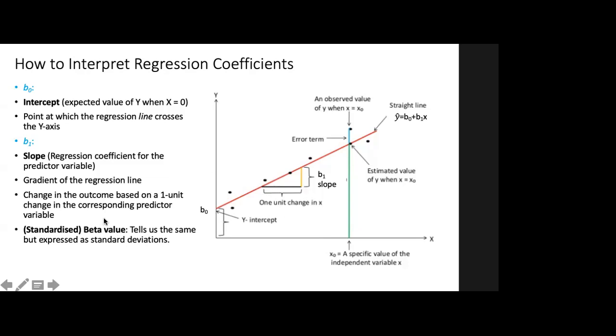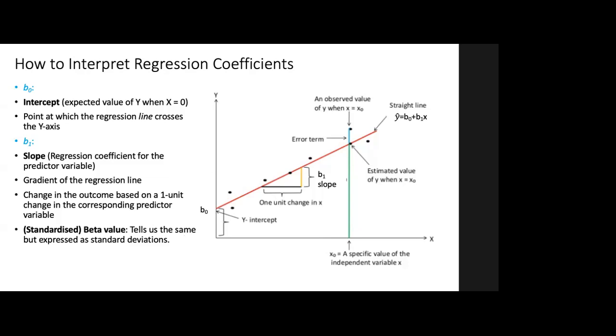And that simply means that they are expressing a change in standard deviation units. A standardized beta doesn't tell you how much the outcome variable changes per one unit change in the predictor, but it tells you how much the outcome variable changes per one standard deviation. So that is the change in standard deviations of y per standard deviation of x. Now that makes it more comparable, right? It's the same as for correlation.